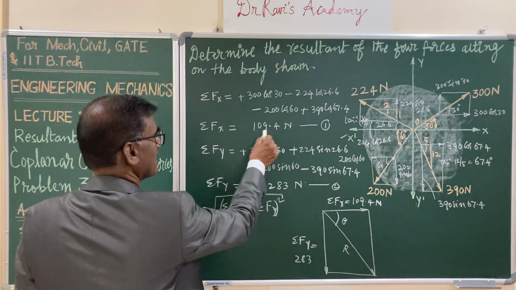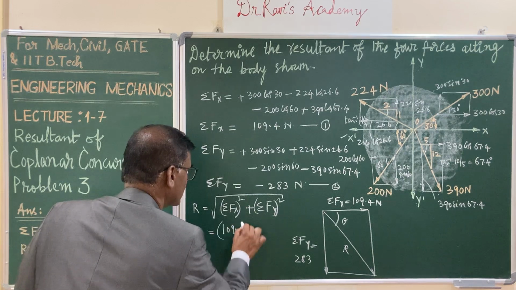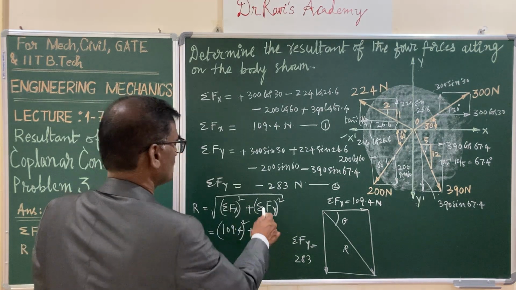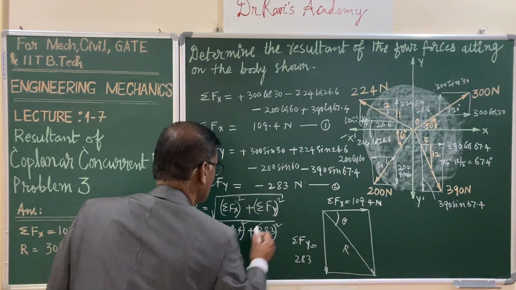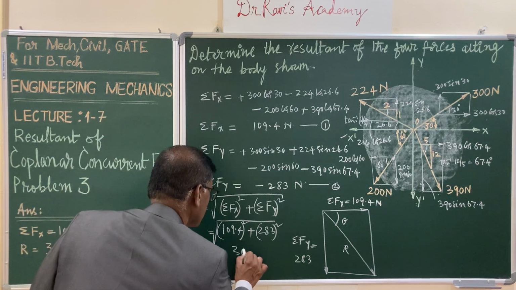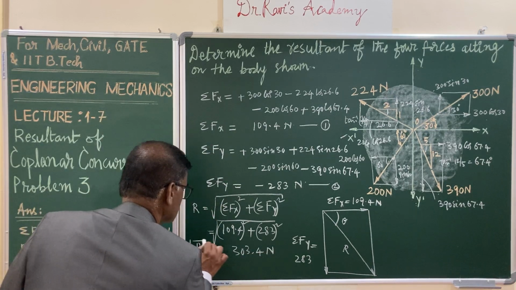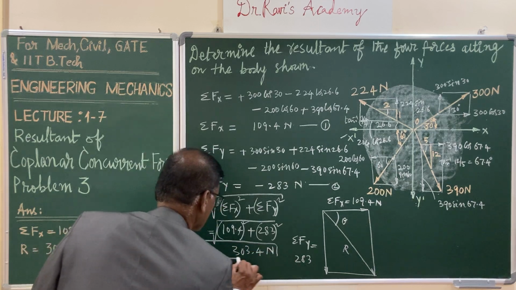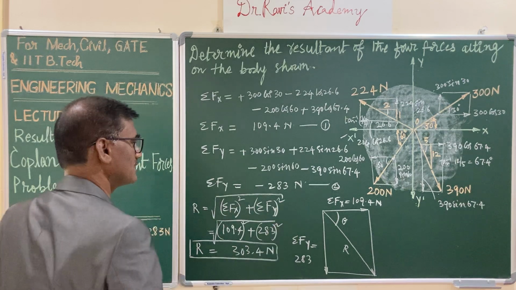So it is the square root of 109.4 squared plus 283 squared, and this gives you the value of 303.4 newtons. Your R value, the resultant, is 303.4 newtons, and you want to calculate theta.